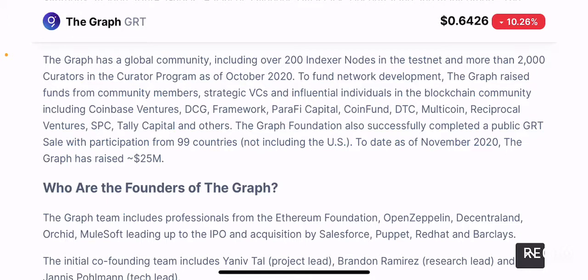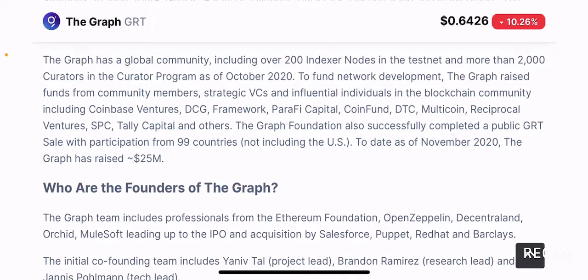Apart from the US, obviously. If people from the US had participated in the seed sale, then I believe they would have been able to raise significantly higher capital compared to raising from many of the 99 countries, right?